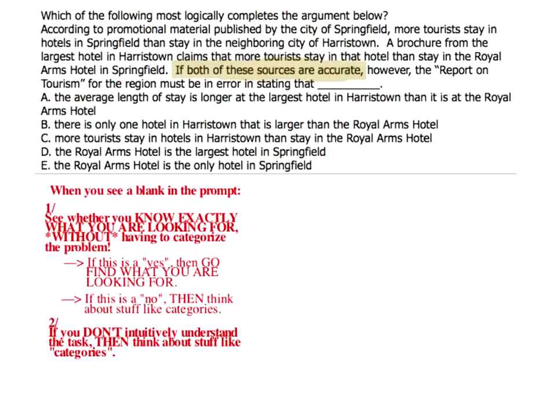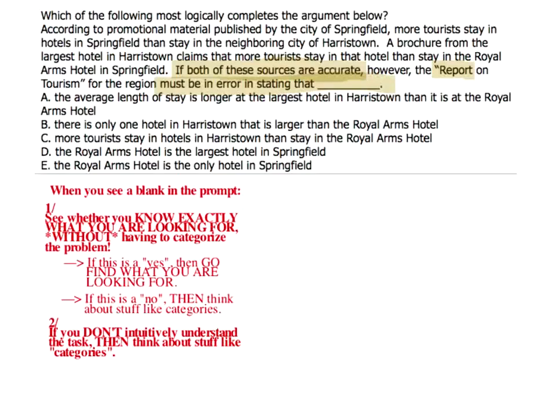It is taking up the top half of the board. So if both of those are accurate, then the report must be wrong if it says blah. There it is. That's what you want to find.